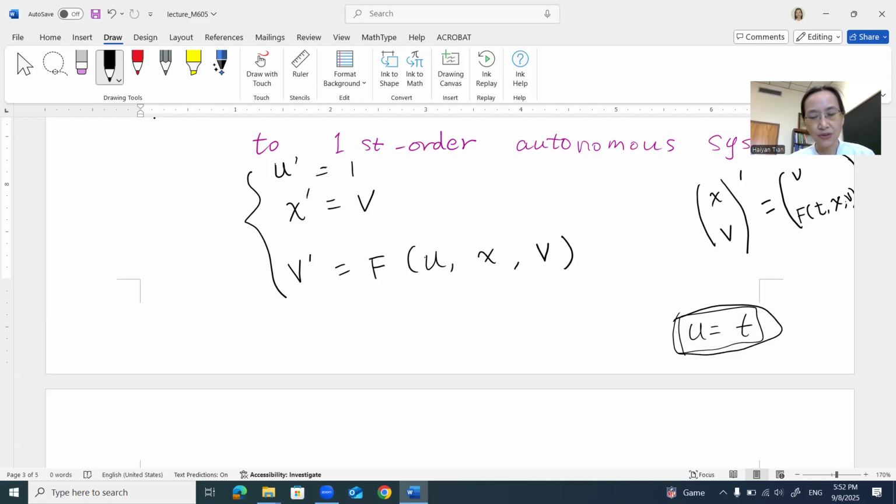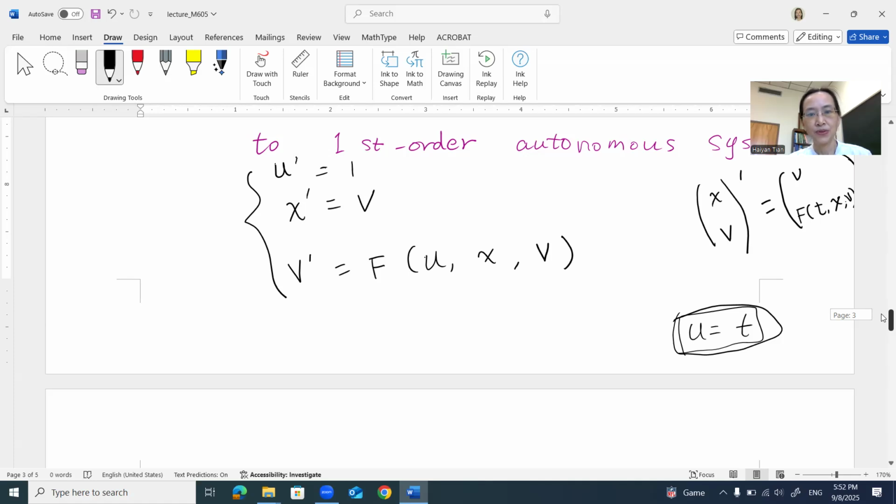So from originally one equation of second order non-autonomous, now we have gotten three equations of first order but autonomous as well.